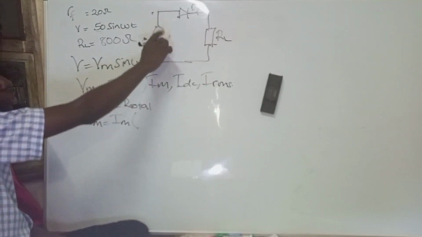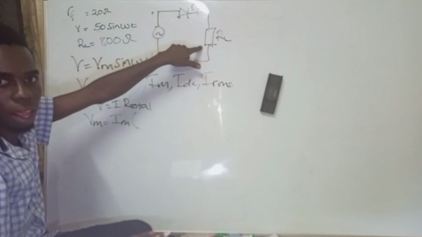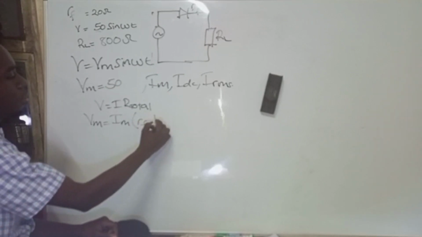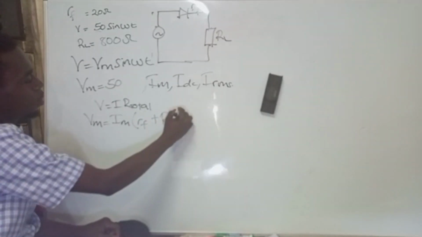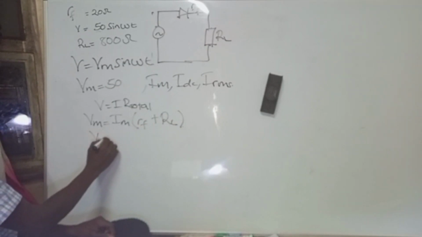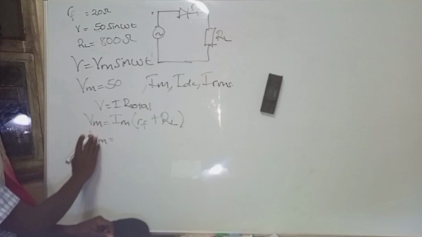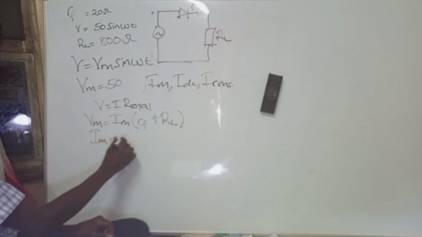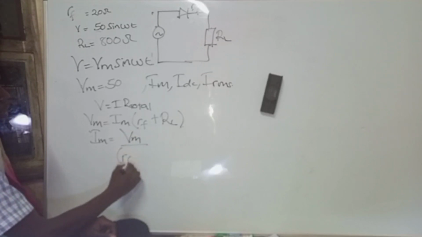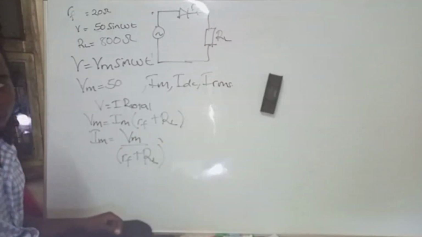But since I'm dealing with a diode and a certain load, my total resistance is always going to be R forward plus RL. So I'll have my I max being equal to Vmax divided by RF plus RL, like that.